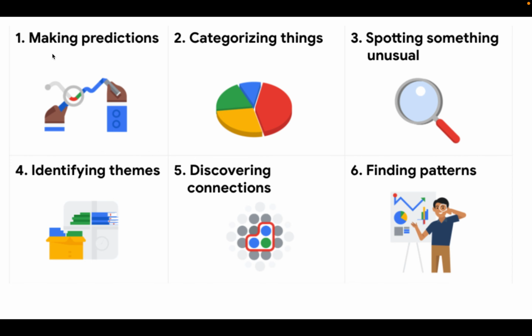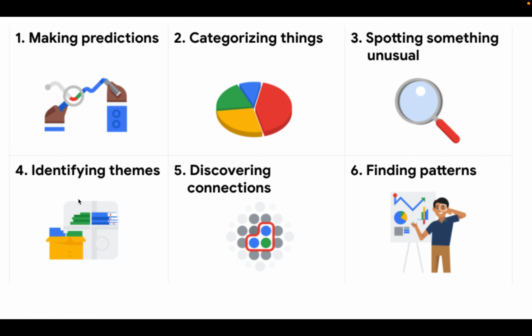So see, making predictions. Of course, based on the data you analyze, you make some predictions in the future. Categorizing things. Also, look at this pie chart. You can easily understand categorizing. Number three, spotting something unusual. Easy to understand.